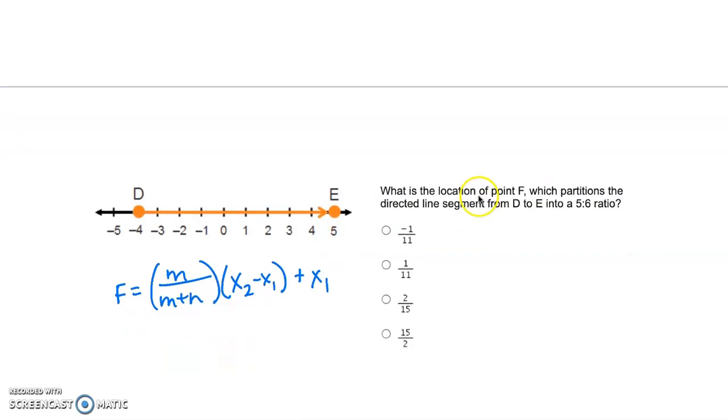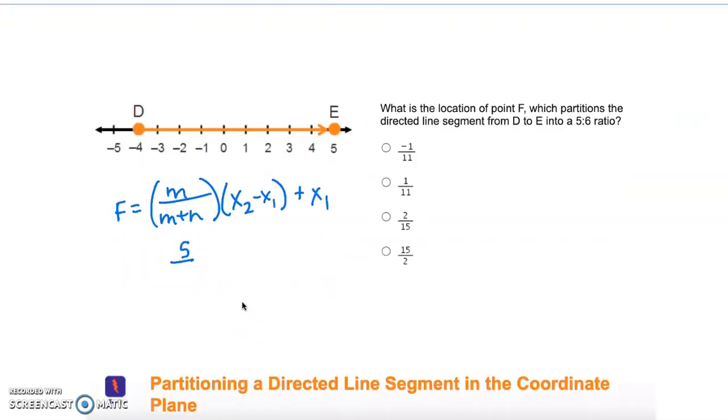So basically what it's saying is we're taking the partition of the first ratio over the total, the fraction. We're going to multiply that by the total distance, which is x2 minus x1, and then we're going to add it to the beginning distance. If I substitute those values in, I have 5 over 11, and then I have my 2 points, 5 and -4. The arrow's going this way, so I put 5 minus a -4, and then I'm going to add that to a -4.